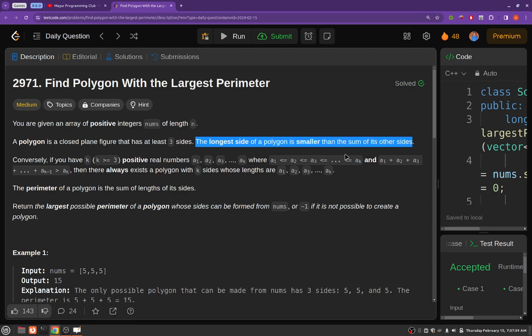So what the problem statement means by this particular statement is, let's say this is the polygon. Let me take one slide larger. So let's say this is the polygon. Now this is the longest side, although it does not seem to be the longest side.